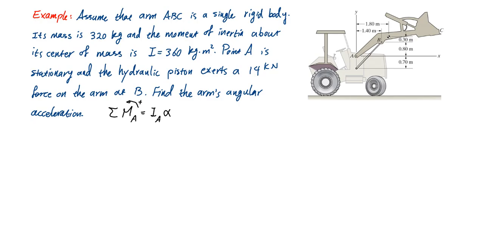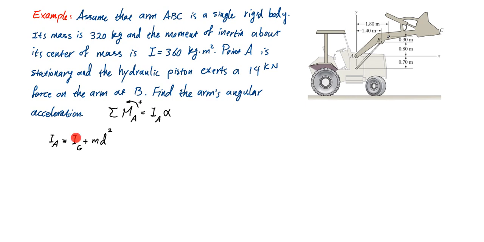So let's see. Mass moment of inertia about point A is equal to the mass moment of inertia about the center of gravity, CG or G. I'll use both to represent the mass moment of inertia about center of gravity. I use them interchangeably. They both mean the same thing.